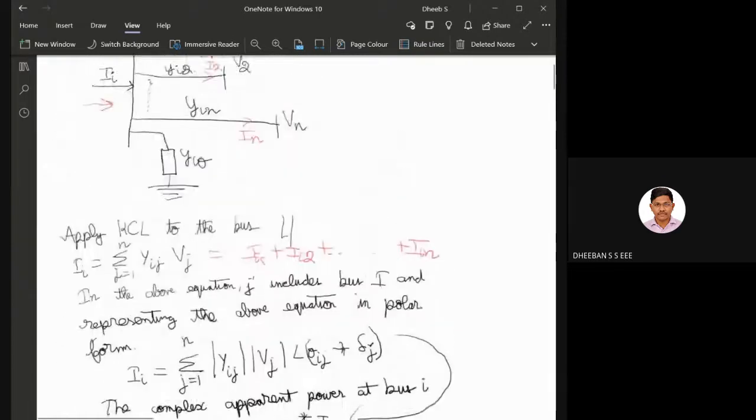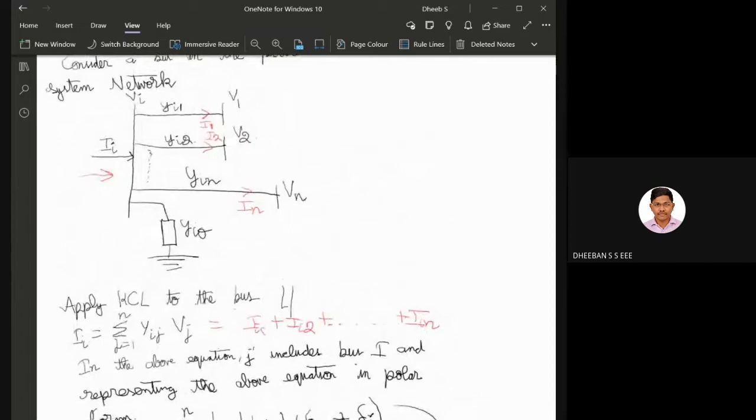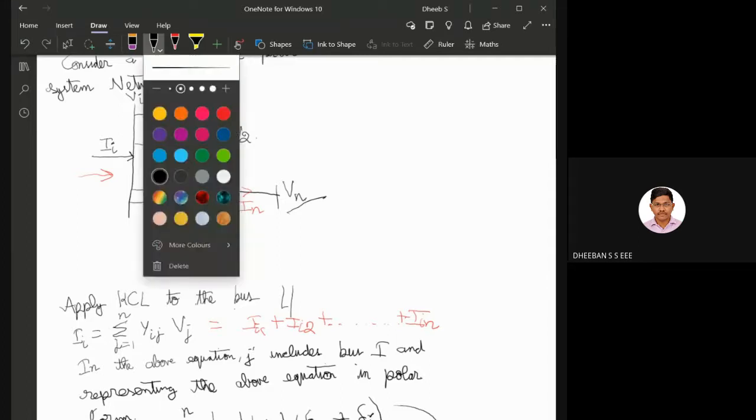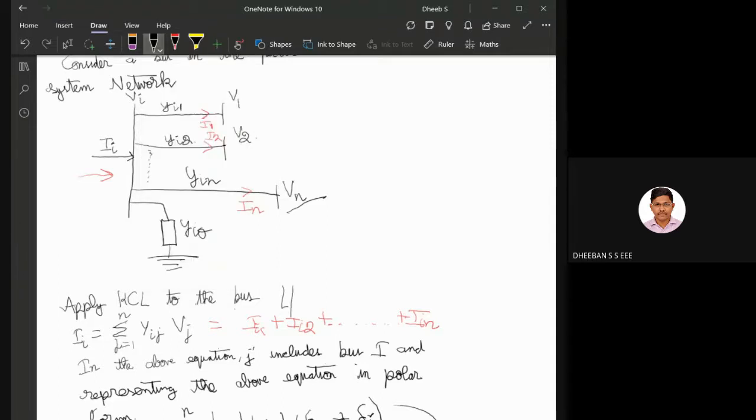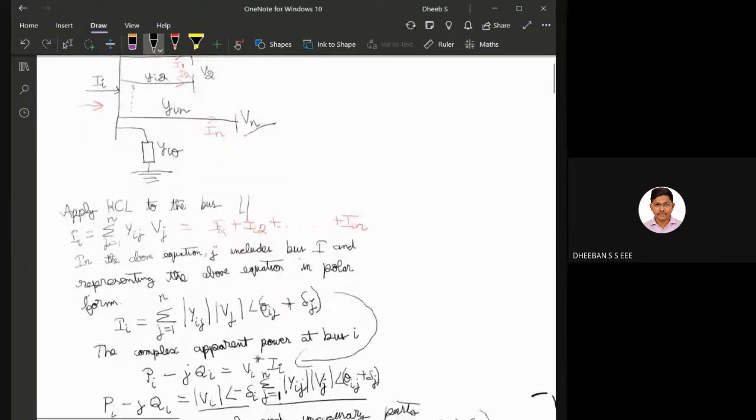In the Newton-Raphson method, first we started with the power system network, for n buses. We looked at how the current flows in the initial stage.